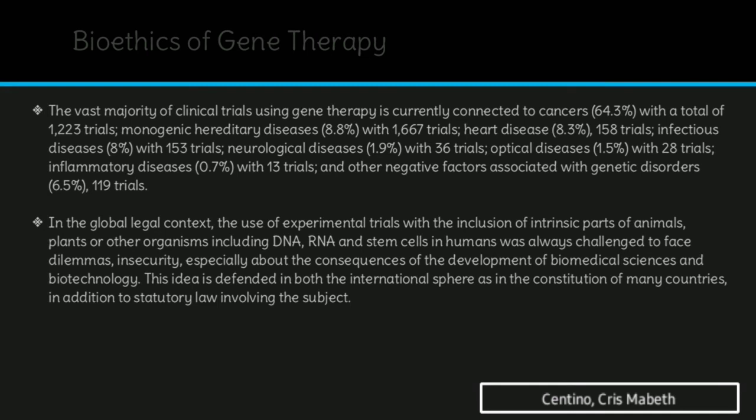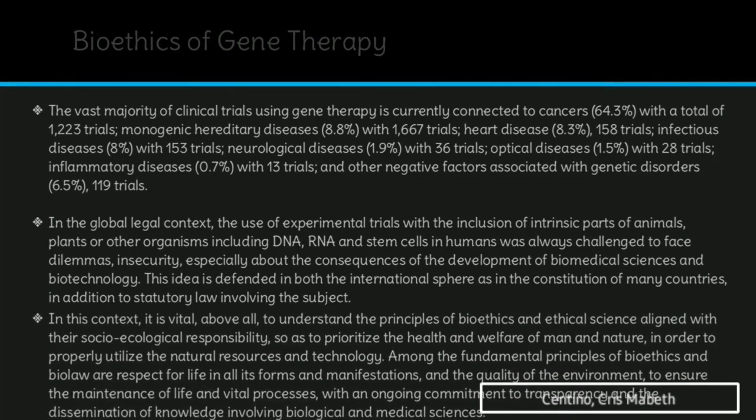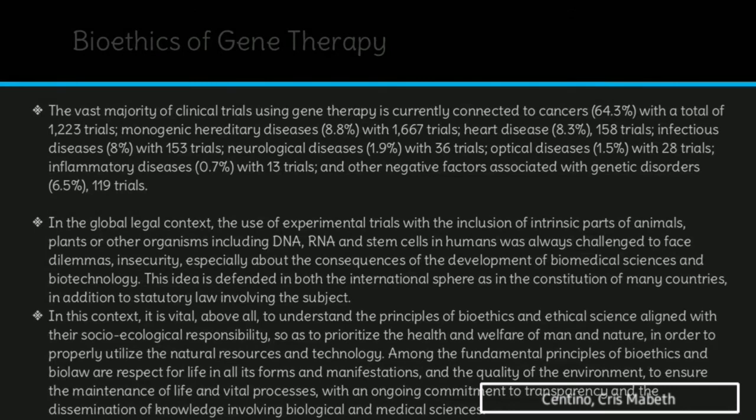The idea is defended in both international sphere and constitution of many countries, in addition to the statutory law including the subject. In this context, it is vital above all to understand the principles of bioethics and ethical science align with their socio-ecological responsibility.